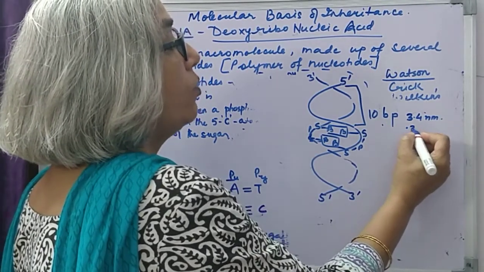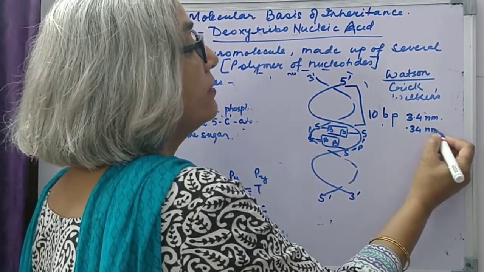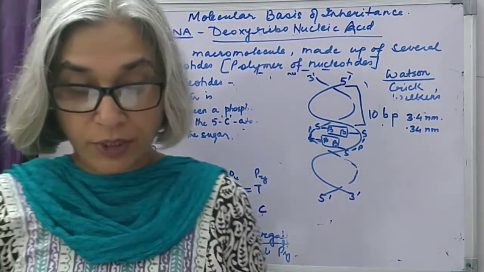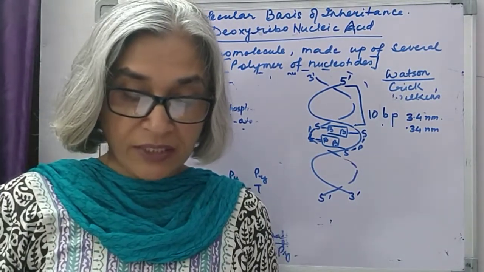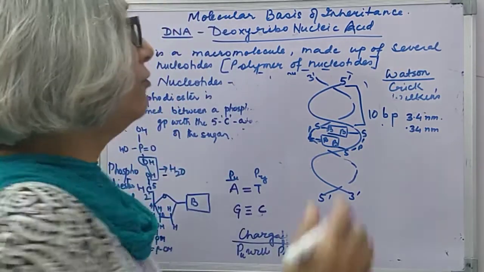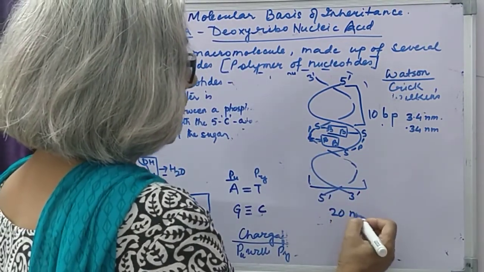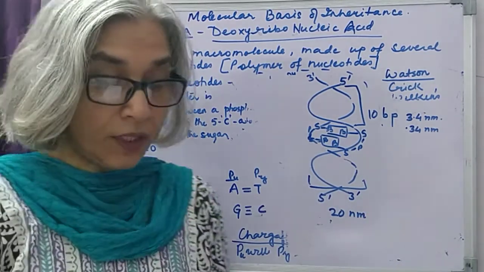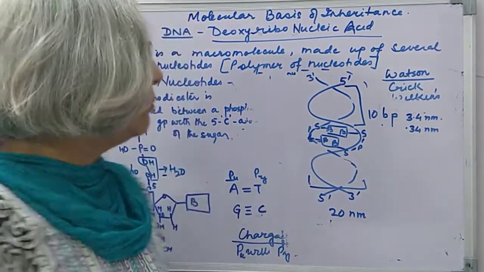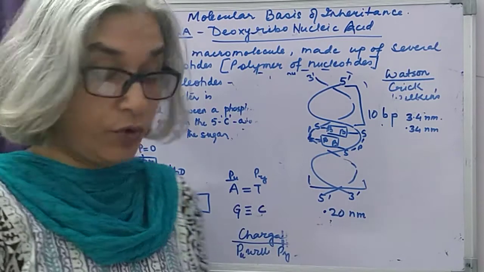So between one base pair, the distance is 0.34 nanometer. There are 10 base pairs in a complete turn, and this is the width of DNA, which is 20 angstrom, that is 2 nanometer.